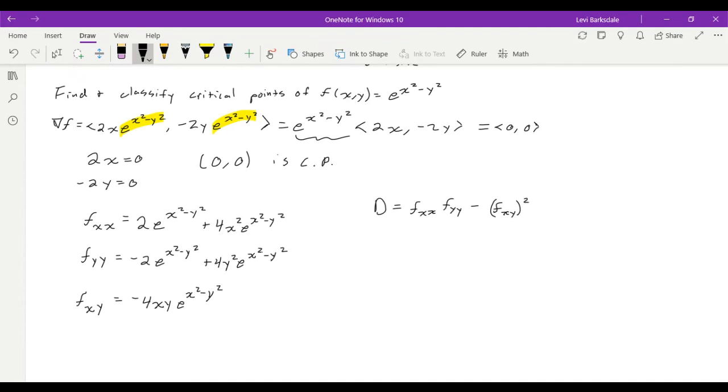So at our critical point, 0, 0, we can say f sub xx would be, since x is equal to 0, the second term goes to 0. Our first term is 2e to the 0th is 2. Our y term would give us negative 2, and our z term would give us 0. So at our critical point, our d value is negative 4. Because this is less than 0, it tells us it is a saddle point.